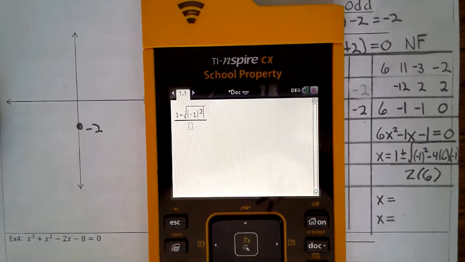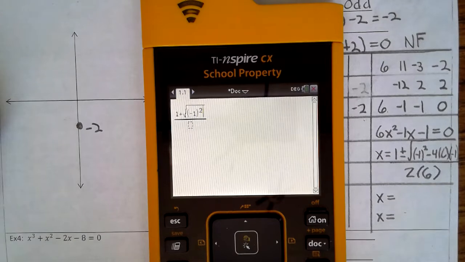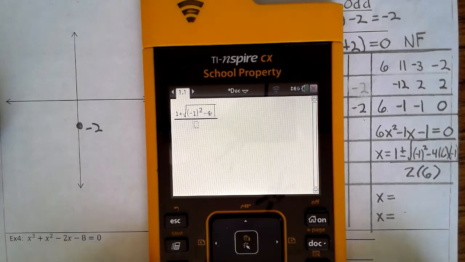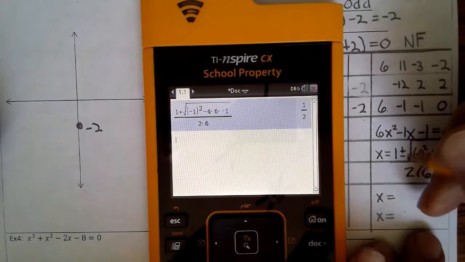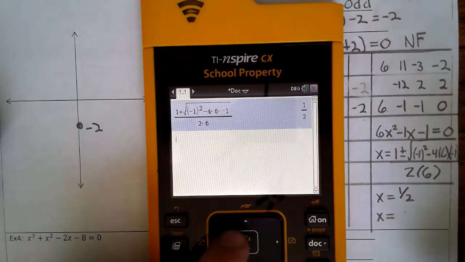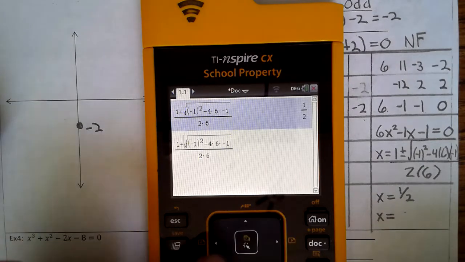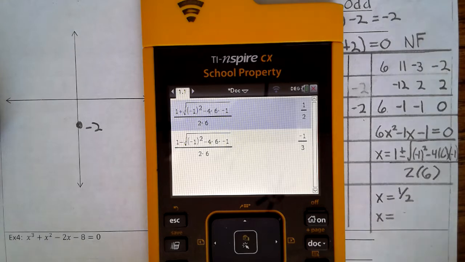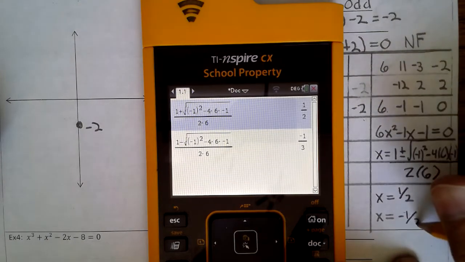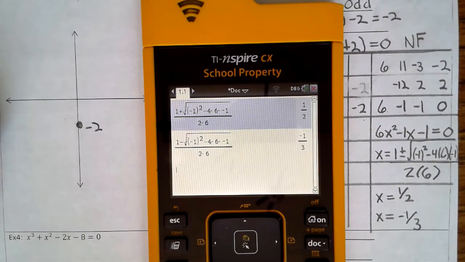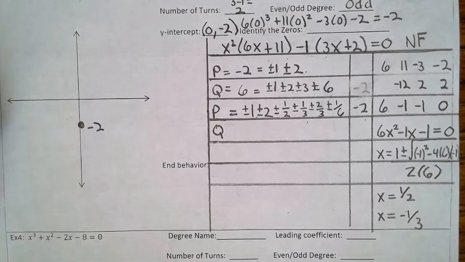So x equals 1/2. I'm going to highlight, enter, change the plus to a minus, and negative 1/3. Okay. So our zeros, and let's list them right here, are negative 2, 0, 1/2, 0, and negative 1/3, 0.